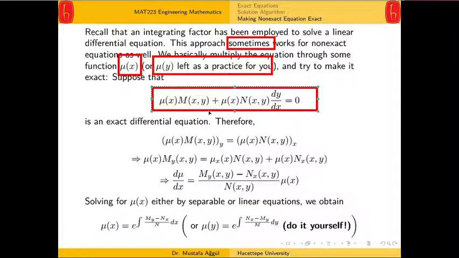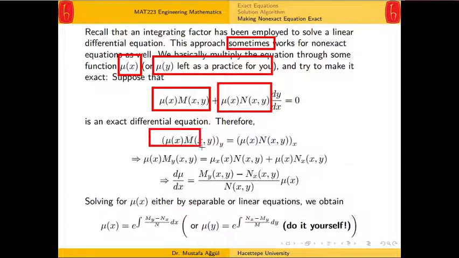So this is an exact differential equation. This is our assumption. If so, this is our new M and this is our new N. So the y derivative of this function has to be equal to the x derivative of this function.